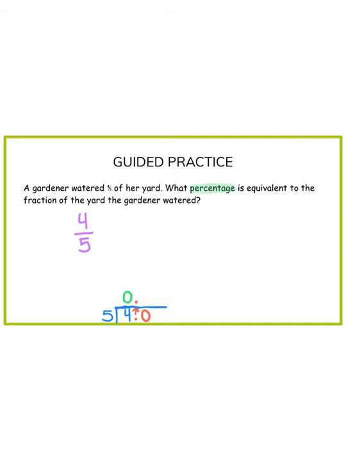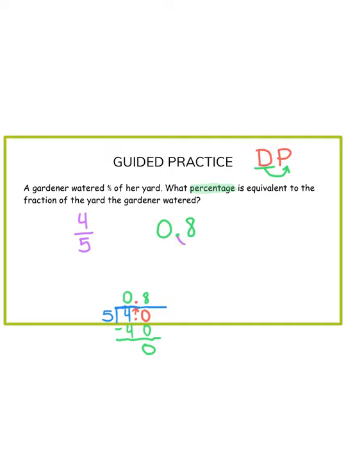5 can go into 40 8 times. And I know that 5 times 8 is 40. When I subtract 40 from 40, I'm left with a remainder of 0. So my decimal for 4/5 is 8/10. Going back to our Dr. Pepper method, if I'm starting with a decimal and I want to move to a percentage, I need to move to the right 2 times.